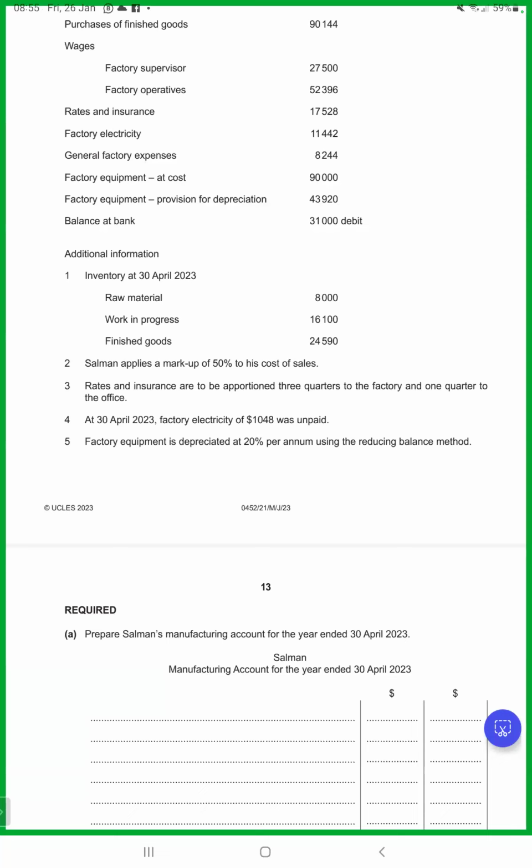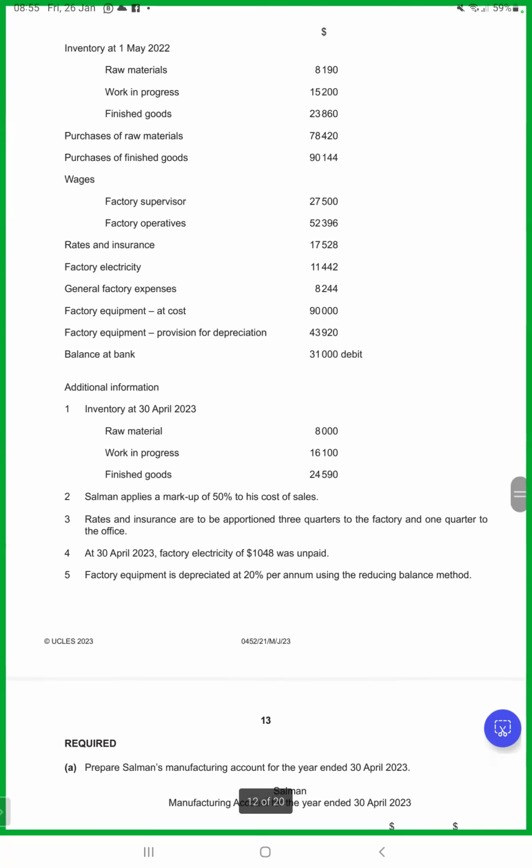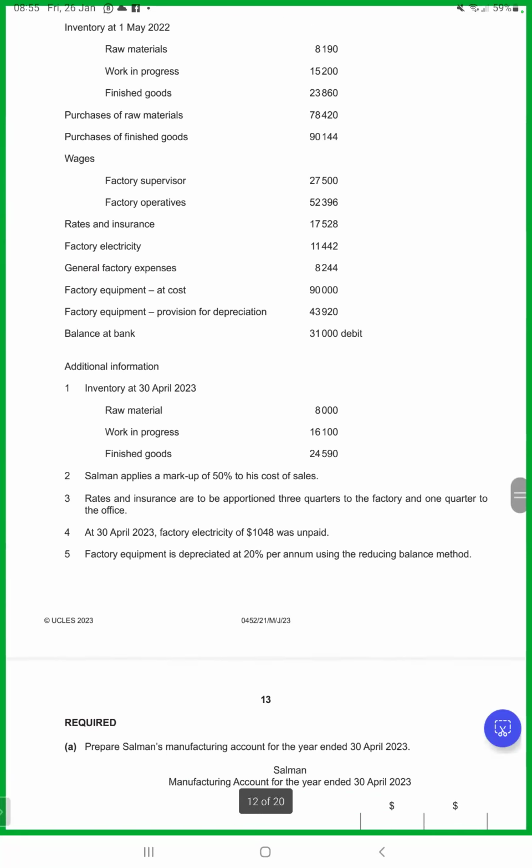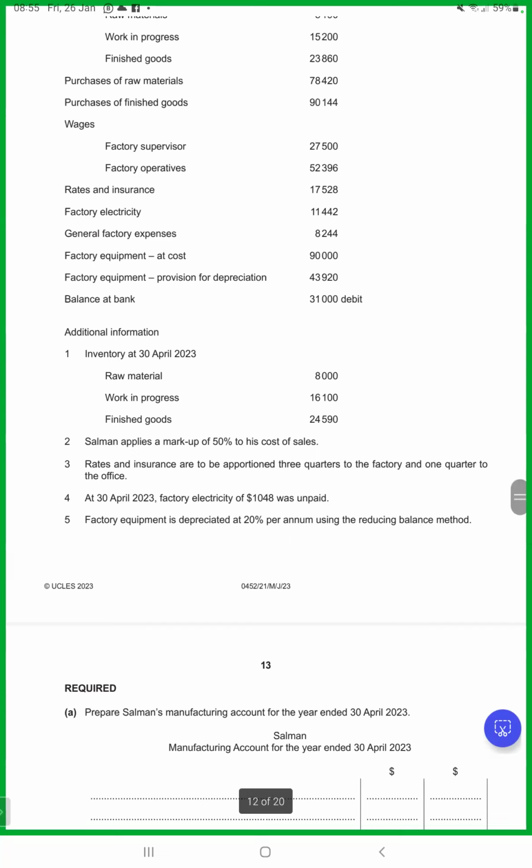And you know that when you are using reducing balance method, you calculate this percentage on the net book value. So how do you get the net book value? Go to the cost of equipment. Factory equipment at cost is 90,000.